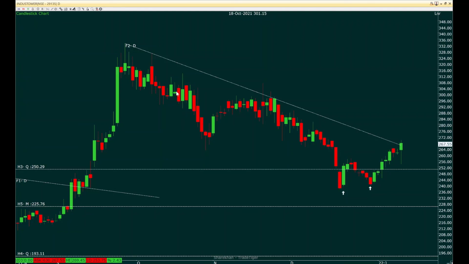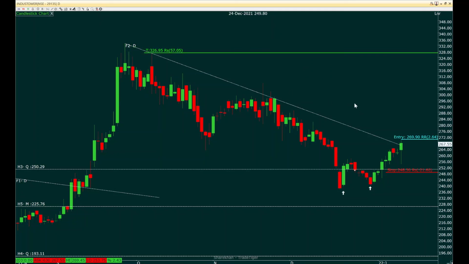So what we can do is plan a trade something like this, with entry above the previous day high, and the stop somewhere below the quarterly zone, and we can have a clean target up to some of this area.